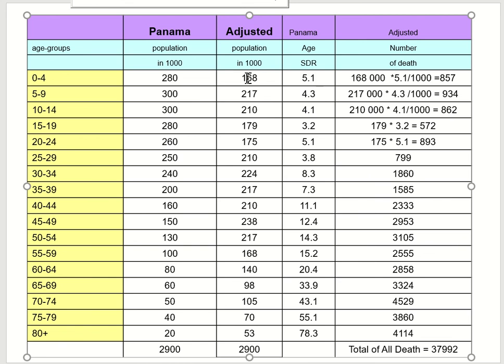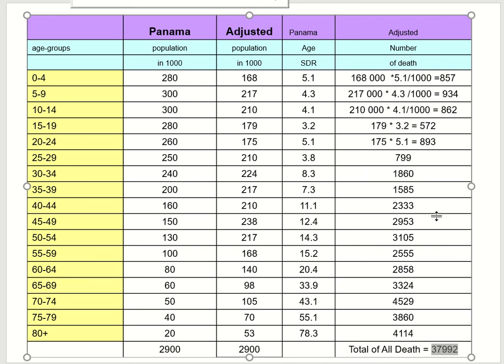If Panama, instead of having 280,000 in the 0 to 4 group, had 168,000, using the same age-specific death rate, we would expect to see 857 deaths. We do that for every age group, and you end up with a total of about 38,000 deaths.